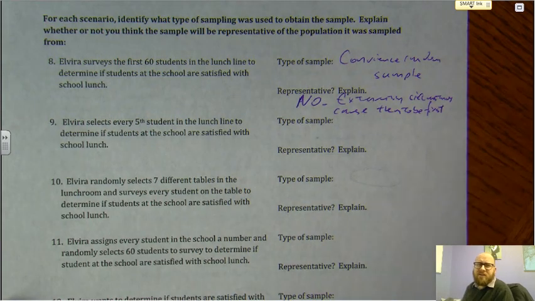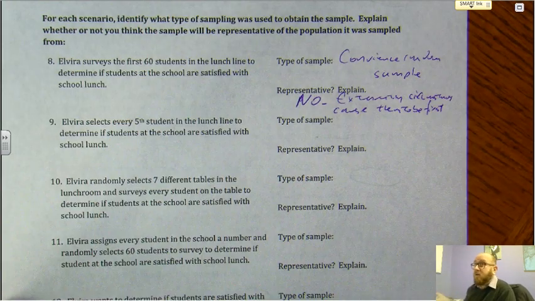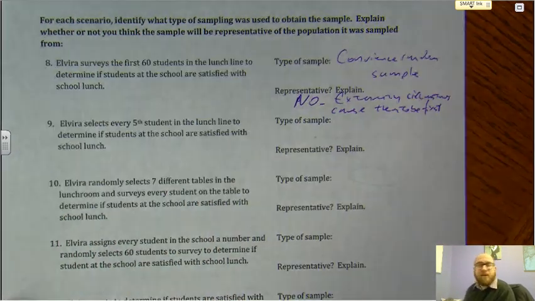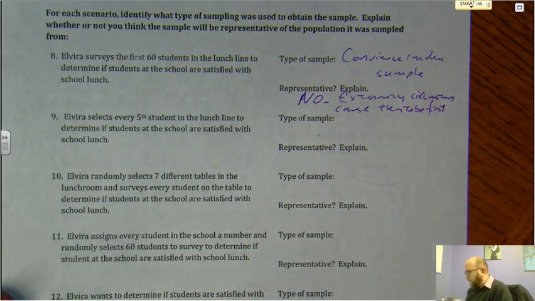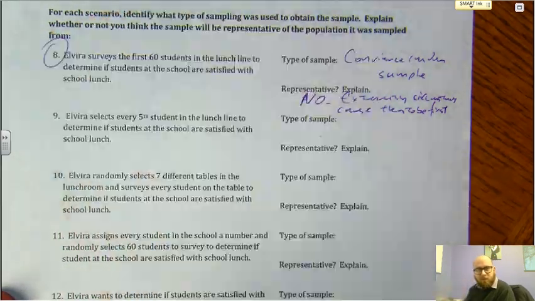And you can also imagine, like at some schools, they have first lunch, second lunch. At our school, the first 60 people would be, Ryan, because he lets his class out early, that sort of thing. So, yes, this may not necessarily be a representative sample.